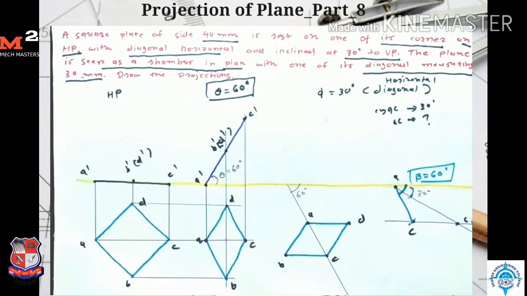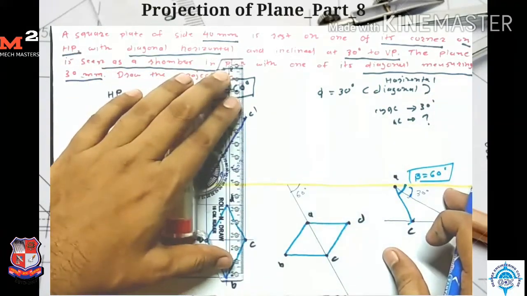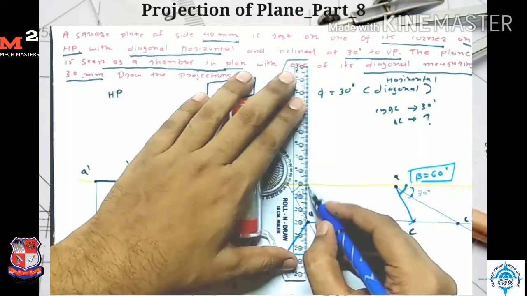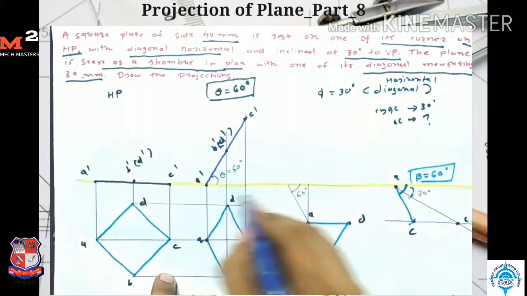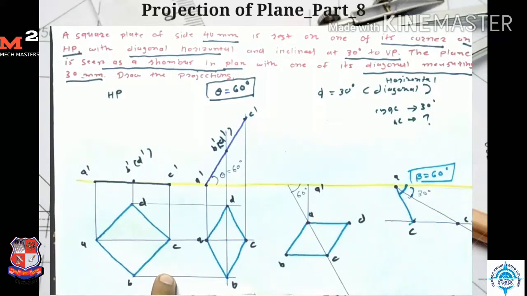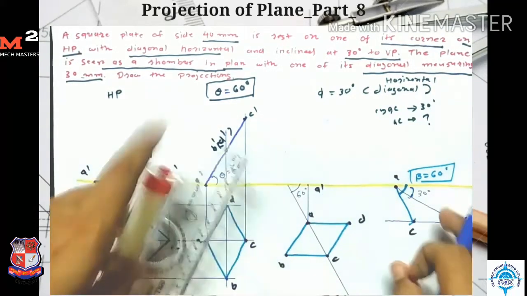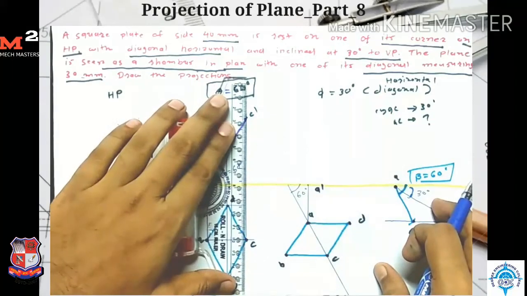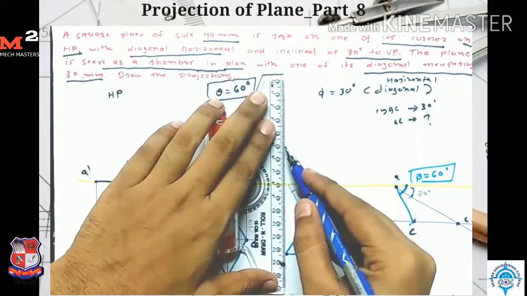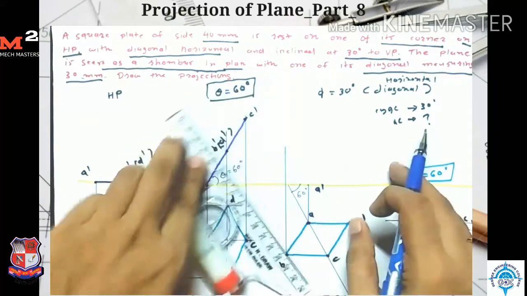Now for getting the front view, I simply take the projection. I start from point A. For point A, I take the projection from here and from here. So here I get my point A dash. Now for point B, I take the projection from here and from here.